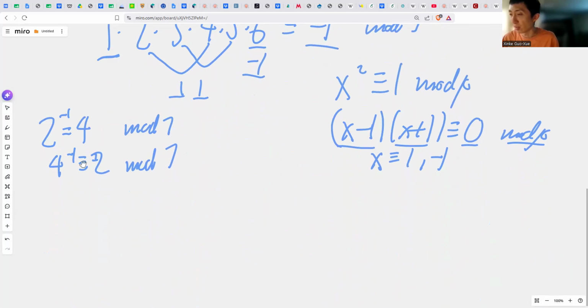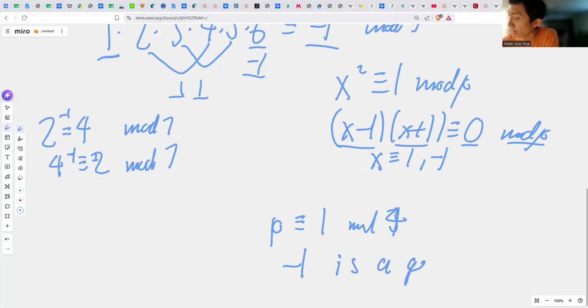Okay, so one application of this: it's well known that if p is 1 mod 4, then -1 is a quadratic residue, meaning it's a perfect square.